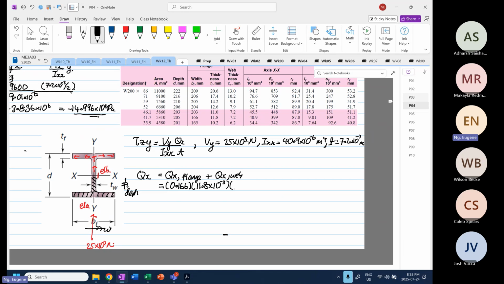Then you have your Y bar, because Qx is equal to width, depth, Y bar, right? So the vertical direction is our Y direction, so that will be equal to D divided by 2, 0.205, minus 11.8 times 10 to the power minus 3 divided by 2.